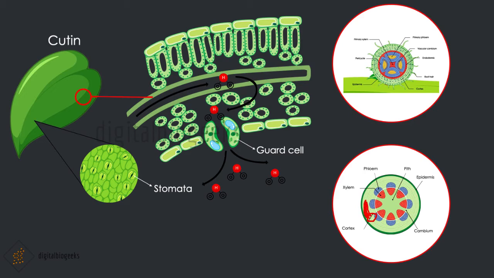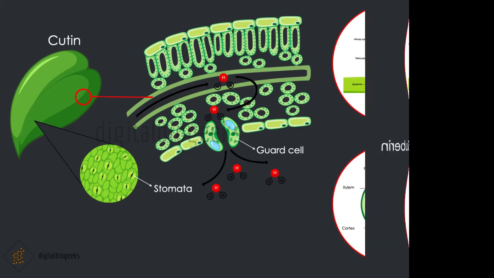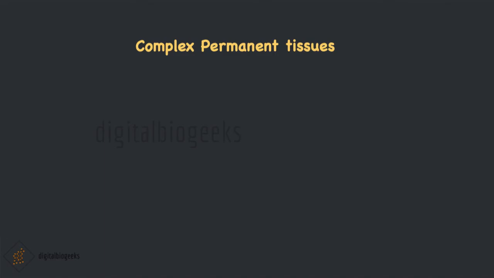The cells of cork are dead and tightly packed without any intercellular space. This cork is an outer protective tissue and the cell walls have a substance called suberin. This suberin will not allow water and gases to pass through the cork. We learned about the simple permanent tissues which are composed of only a single type of cell. Complex permanent tissues are made up of more than one type of cell.